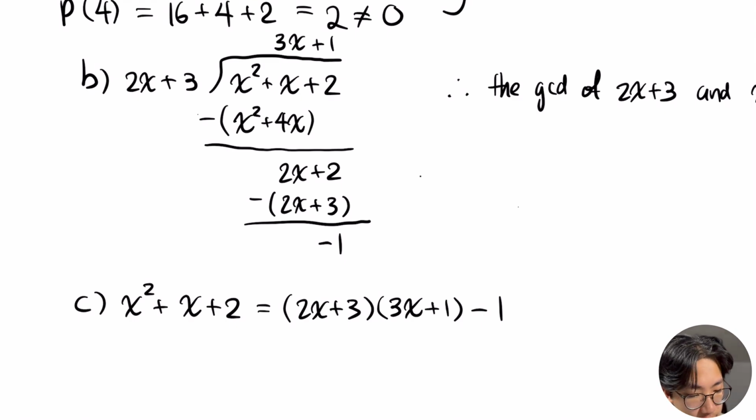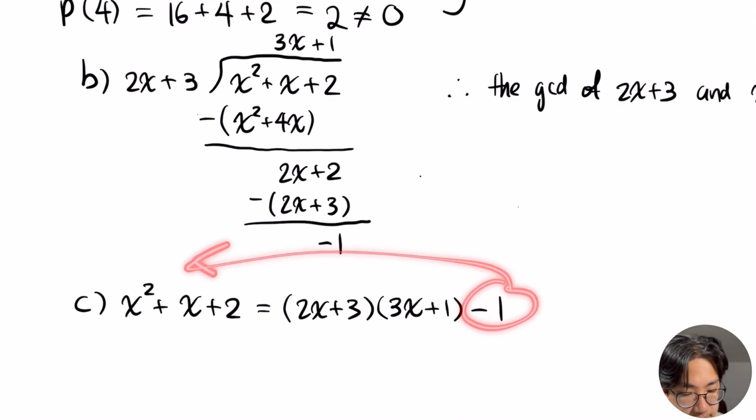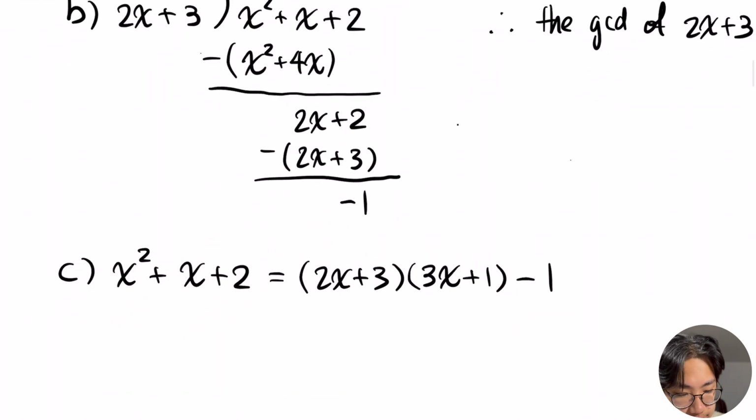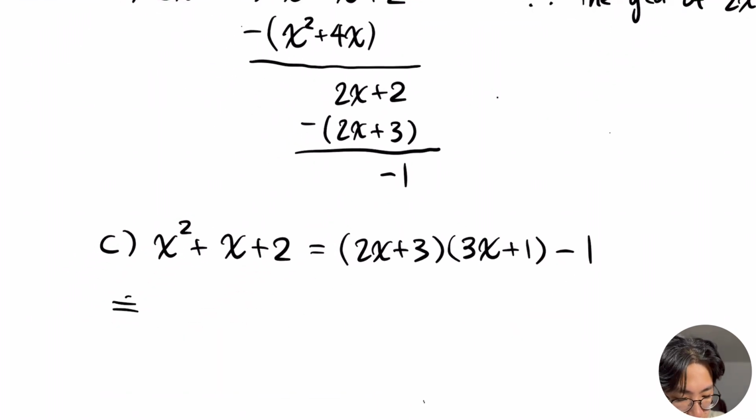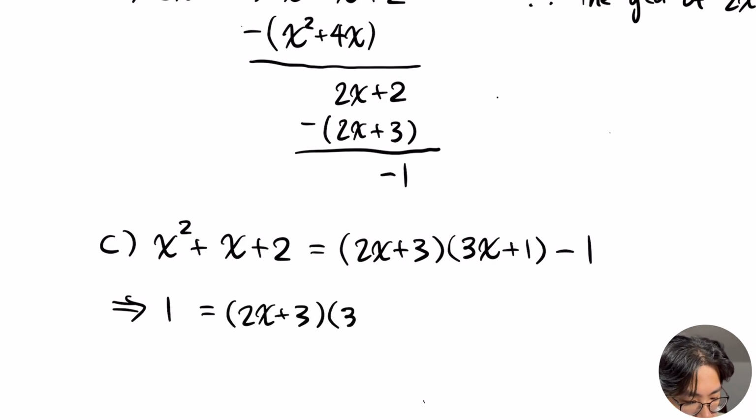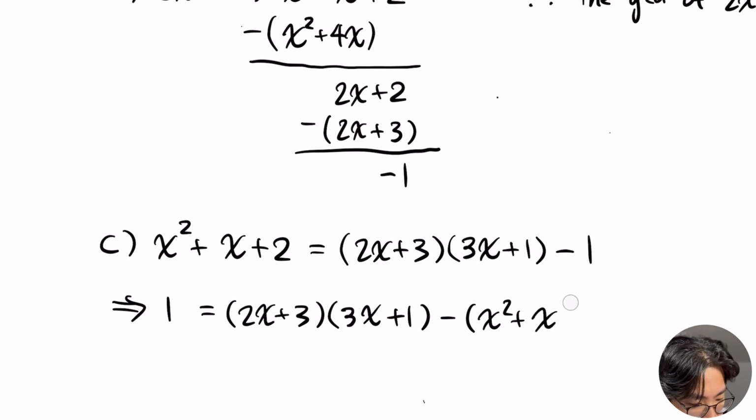So we can add over this 1 and then subtract this over. So this is what we have: 1 is equal to 2x plus 3 times 3x plus 1, and then minus x squared plus x plus 2.